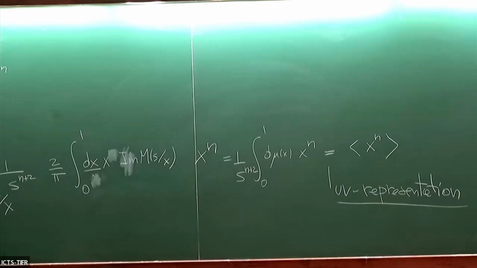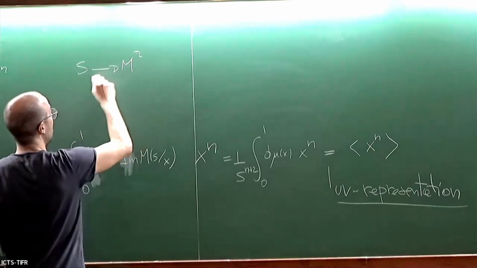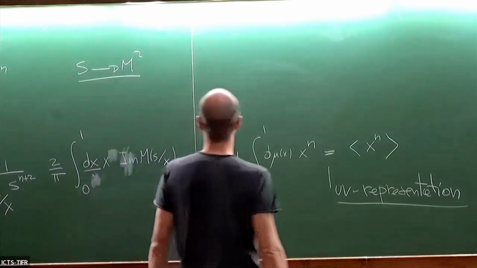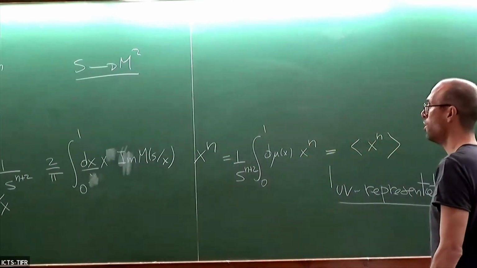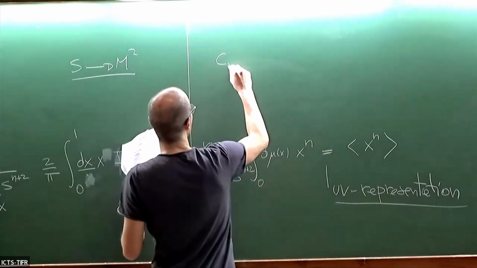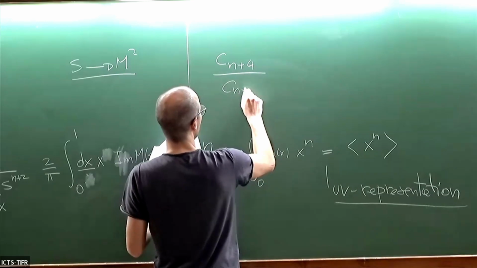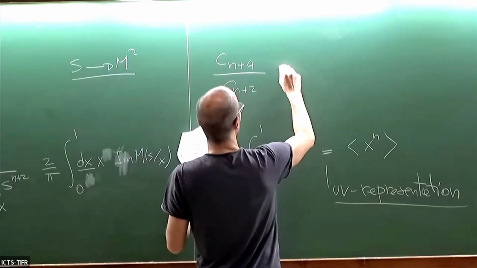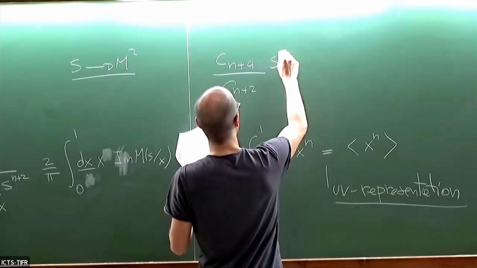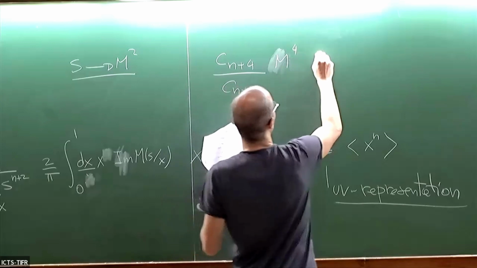Another comment is that, since s in a weakly coupled theory can be pushed all the way to m squared without encountering strong singularities, this is basically telling us an upper bound on the physical cutoff. It's telling us Cn over Cn plus 2 times s squared, which I'm now taking roughly to be m to the 4th, must be smaller than 1.